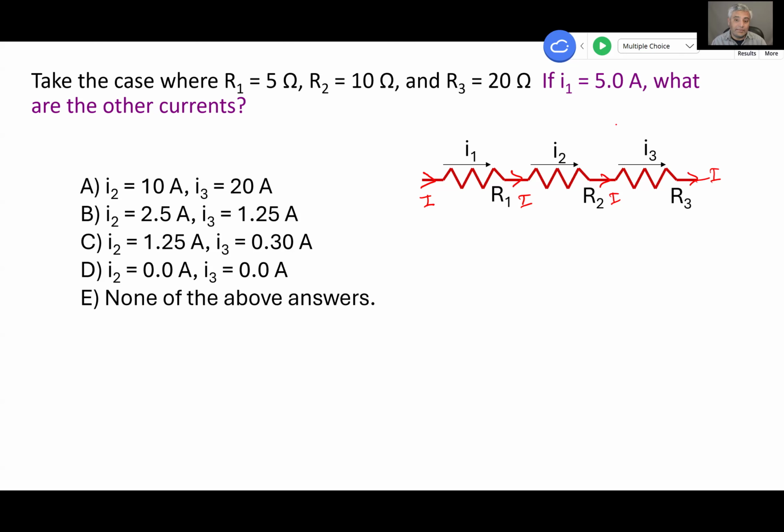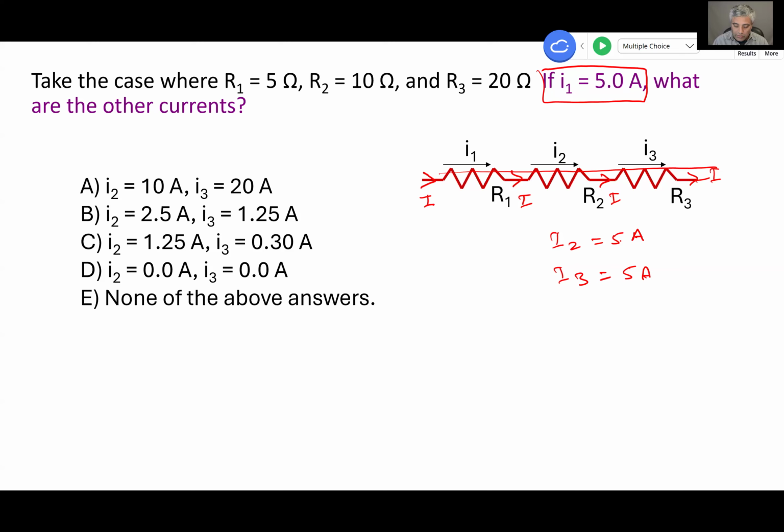Because current is the flow of charges, there is no other way to go. It's like water flowing in a pipe. There is no opening, so the charges are not going anywhere. The same amount of current flows through. So that means if I1 is 5 ampere, then I2 should also be 5 ampere, I3 5 ampere.